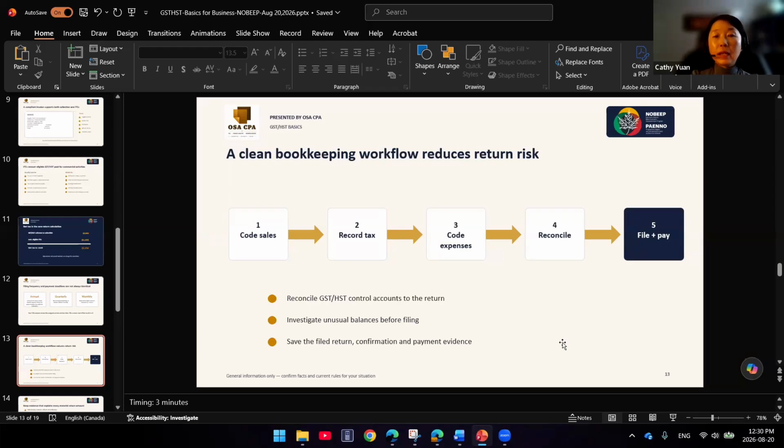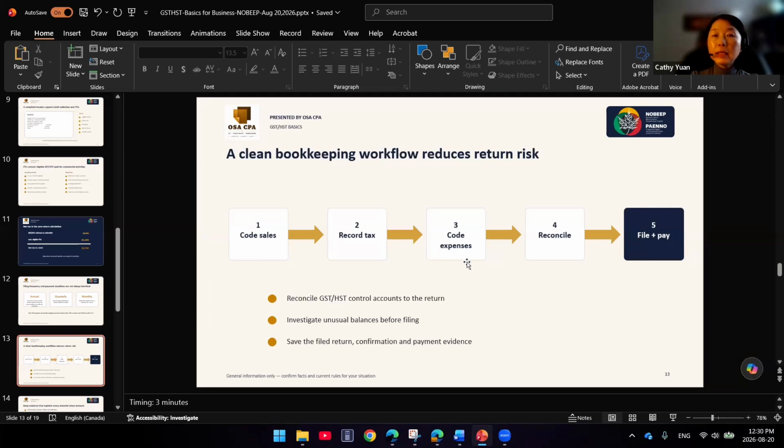Okay, bookkeeping: we have the sales, we have the tax according to sales, and we have the expenses. The sales may be 10 or 20, not a very big amount, but the expenses will be more. That is where we collect ITCs.